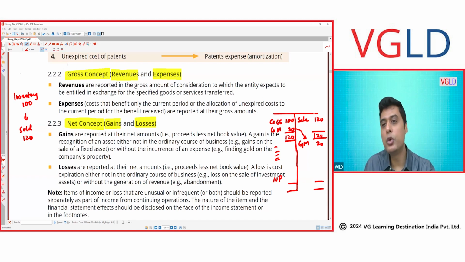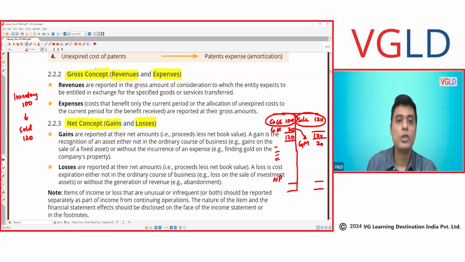This is how we used to prepare, right? So sale is shown at gross amount of 120. Cost of goods sold is shown at gross amount of 100. The profit is $20. So revenues and expenses are shown at gross. 120 is the gross amount, 100 is the gross amount. The net amount is the gross margin. Although we are calling it gross margin, actually this is the net amount, net of cost of goods sold.